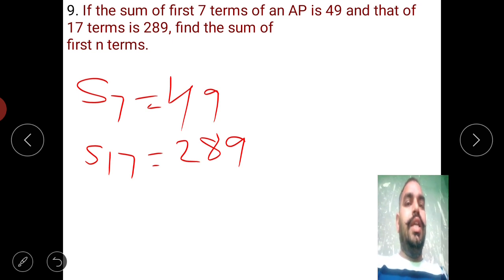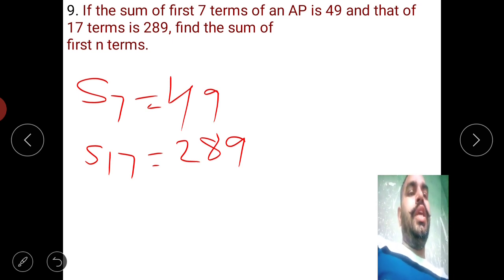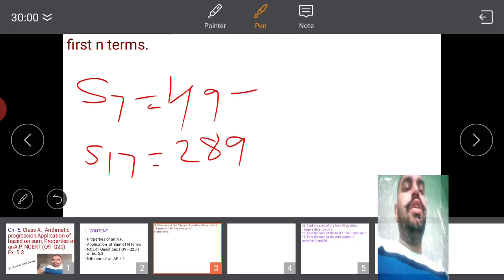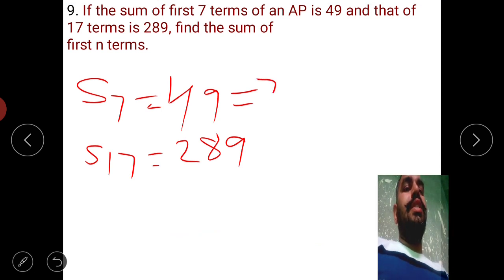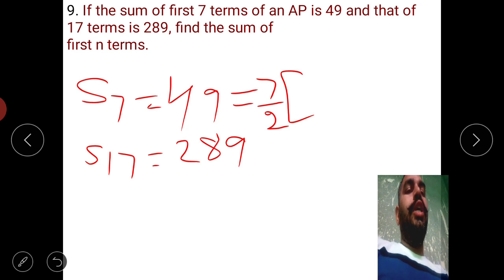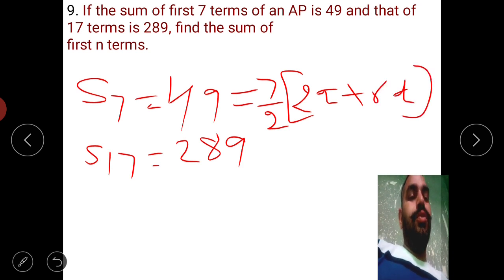So let's see how we are going to do it. Can you write S7 is equal to 7 by 2 into 2a plus 6d? Got it or not?